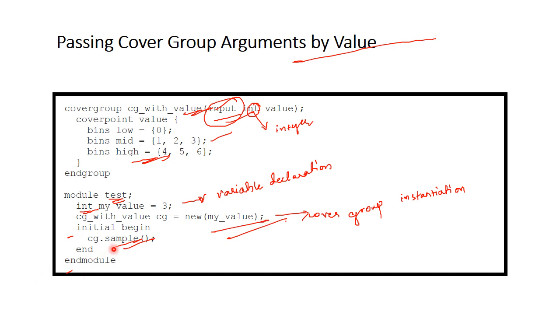Then you have a sample method which is called to record the value of my_value for coverage. So this setup will allow us to measure the functional coverage for the variable my_value based on the defined bins in this particular cover group. So this is one of the ways in which you can pass the cover group arguments, that is through value.